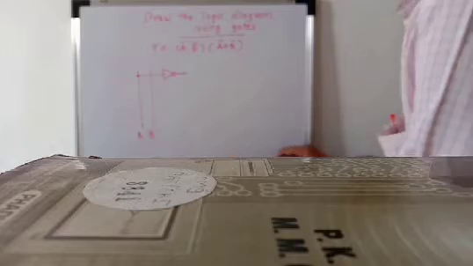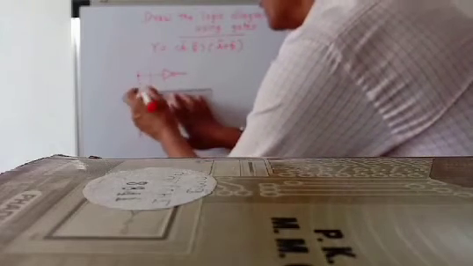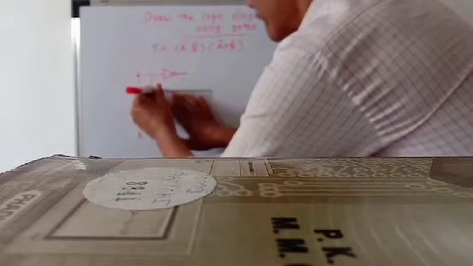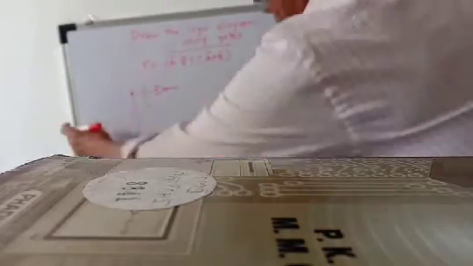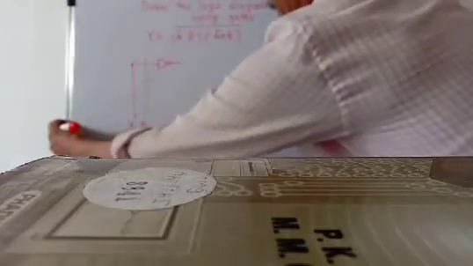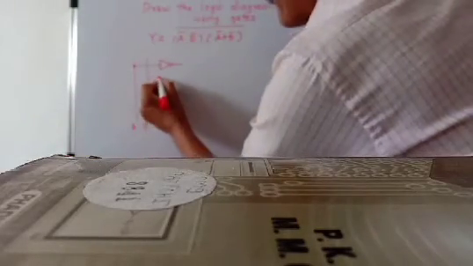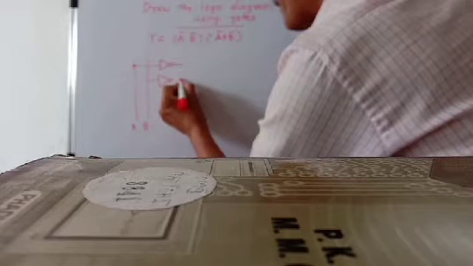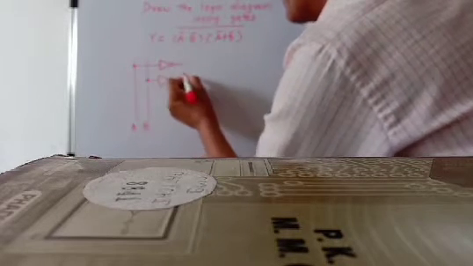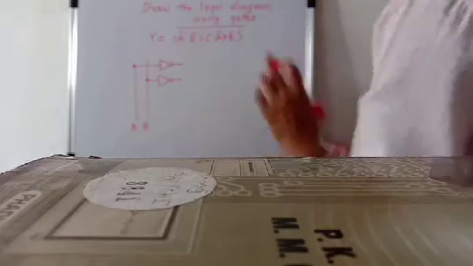Then connect another NOT gate to B. Here we are getting B bar.